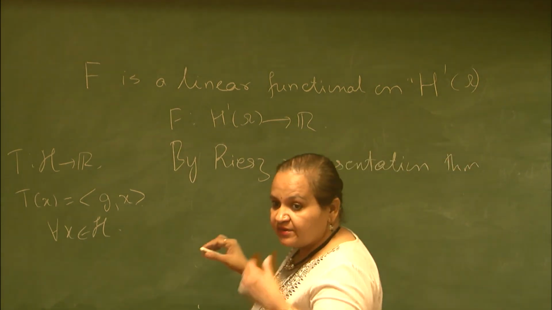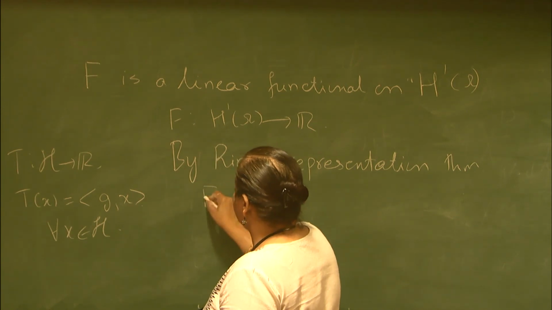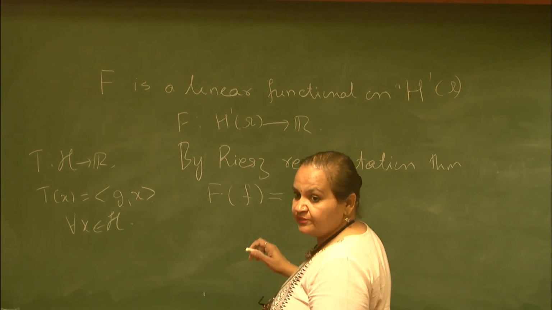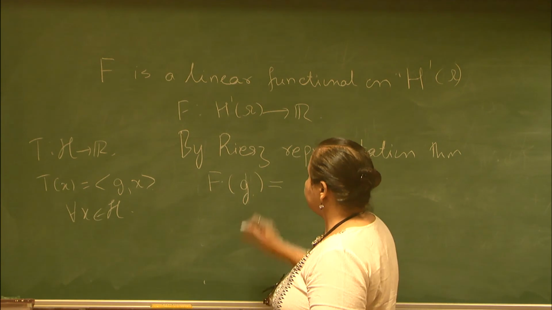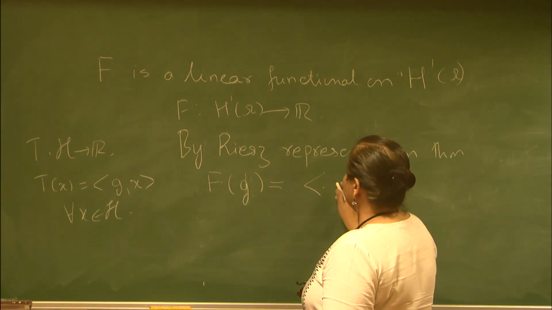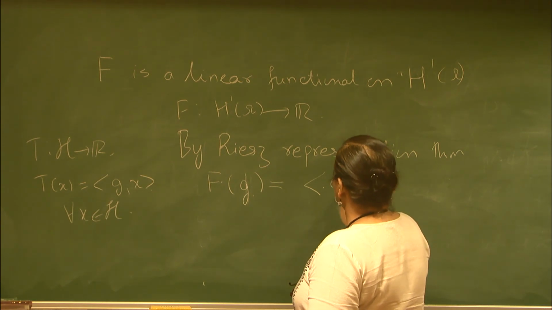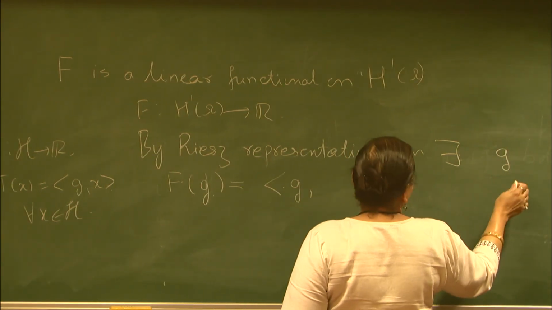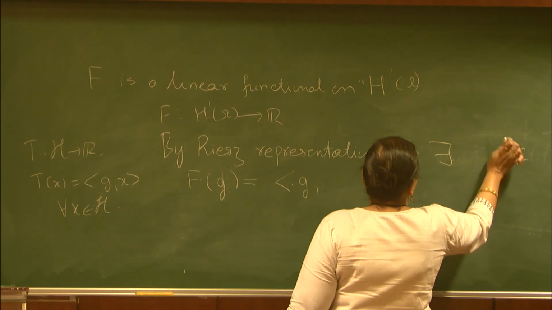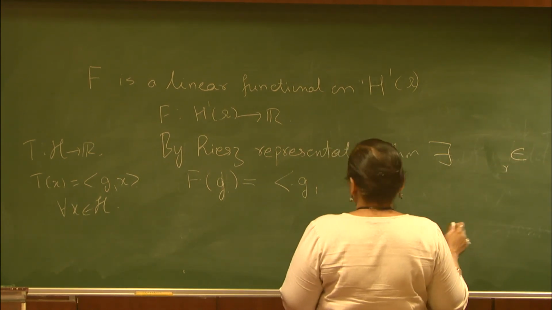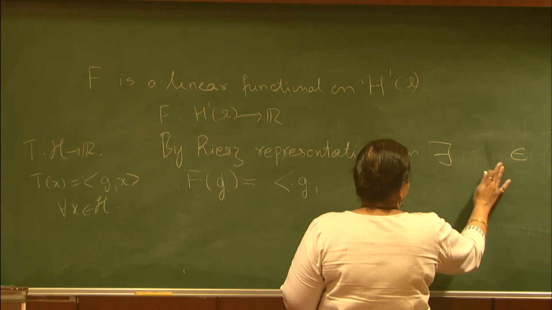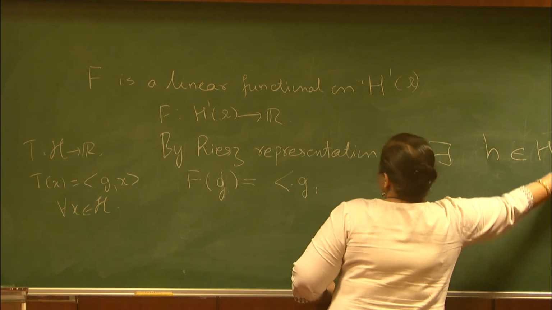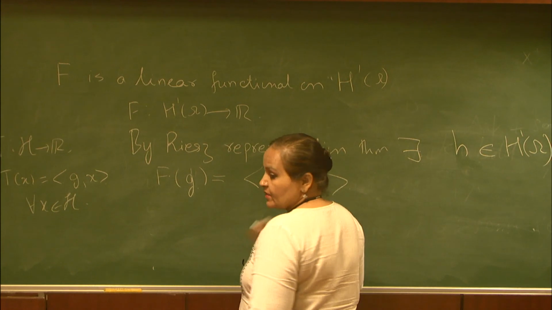By this representation, you have f acting on any function should be equal to the inner product of g with it, where g exists.